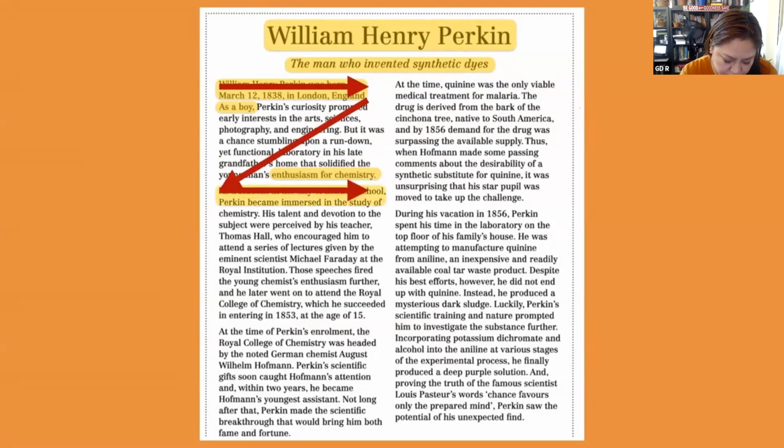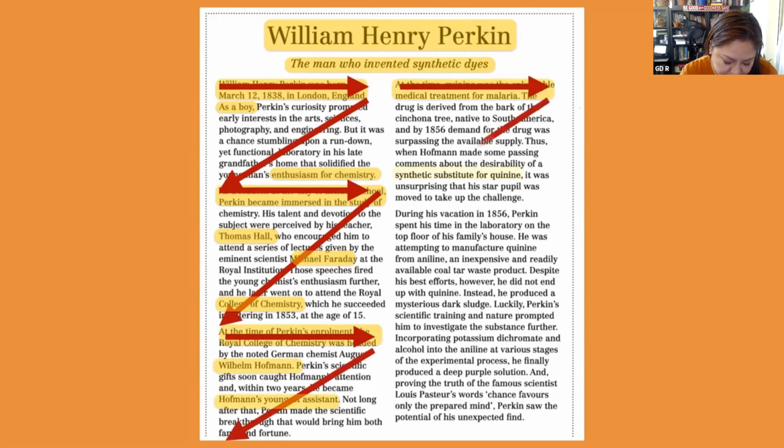You read the topic sentence and then quickly scan for keywords. So here I've pulled out some names of people, name of a college. Read the first paragraph, the topic sentence, scan for keywords. Read the topic sentence, scan for keywords, read the topic sentence, scan for keywords.